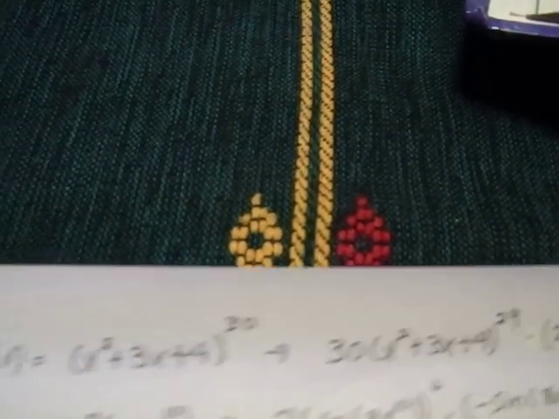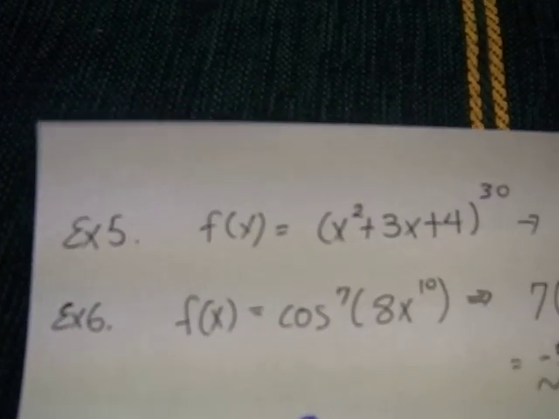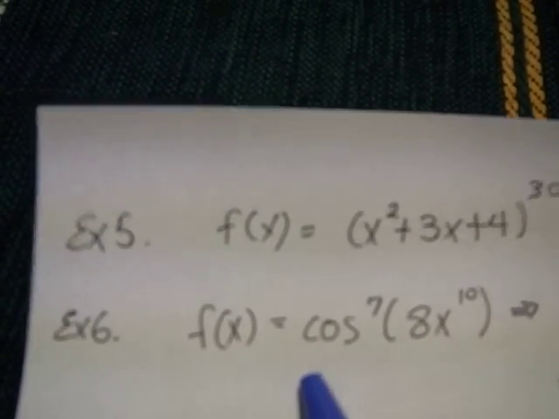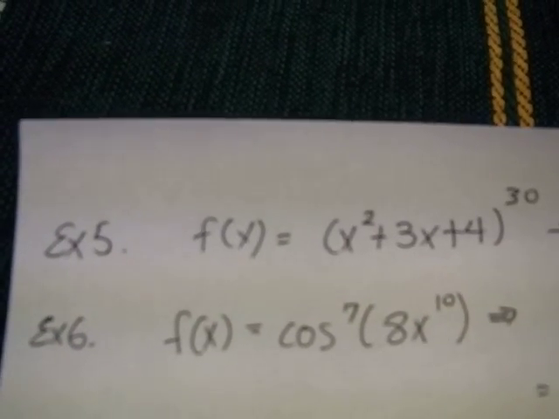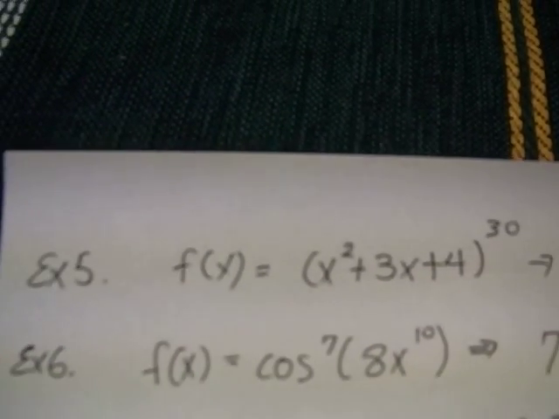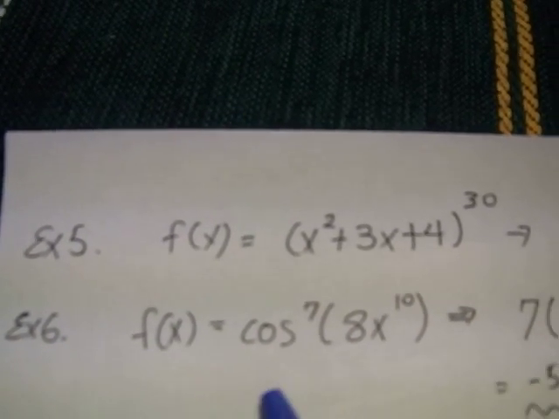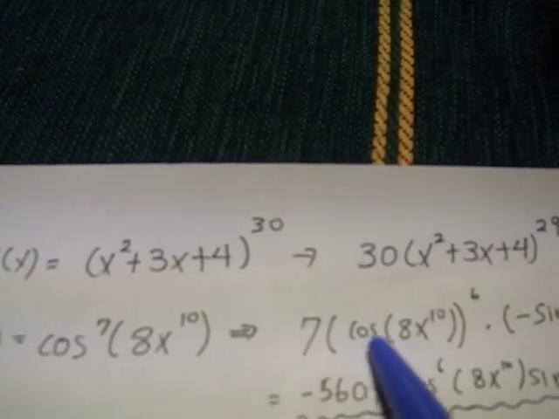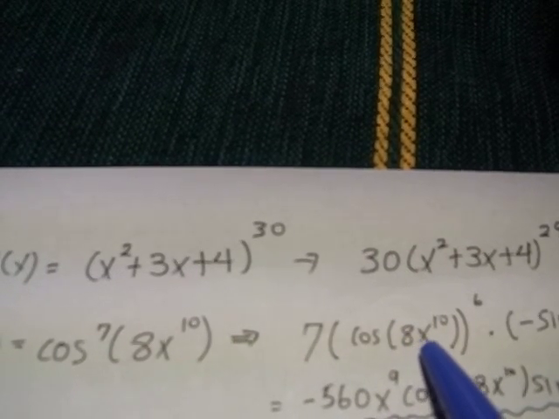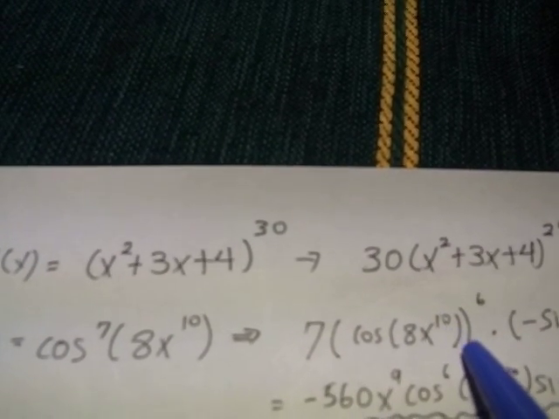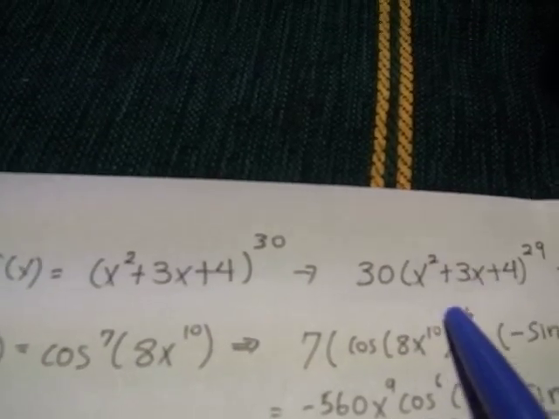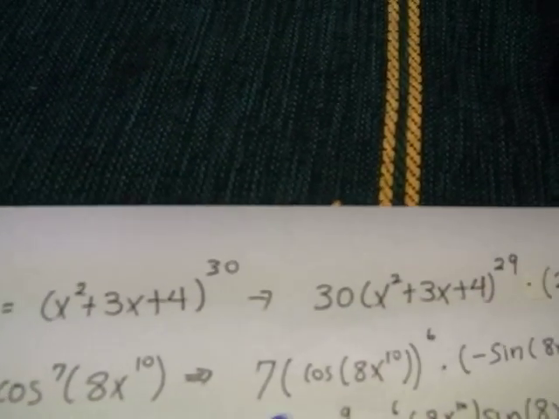Okay, one last example. This example is slightly more complicated because you divide this into 3 functions, 3 parts. Again, taking the derivative of the outside function first, that will give us 7 times parenthesis cosine of 8 times x to the 10th power parenthesis to the 6th power, times, now we're looking at just this function inside the big parenthesis.